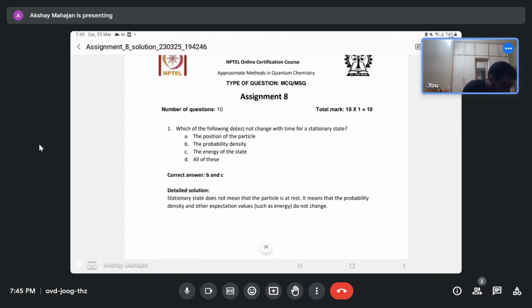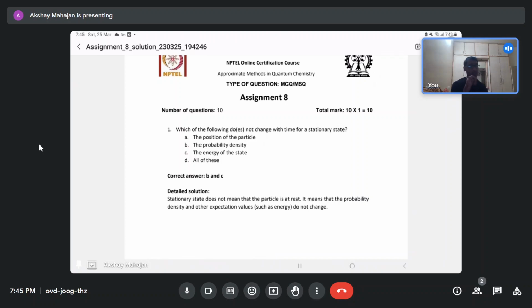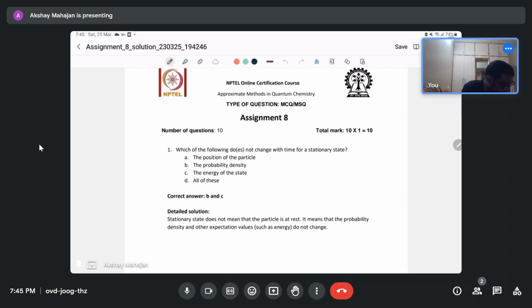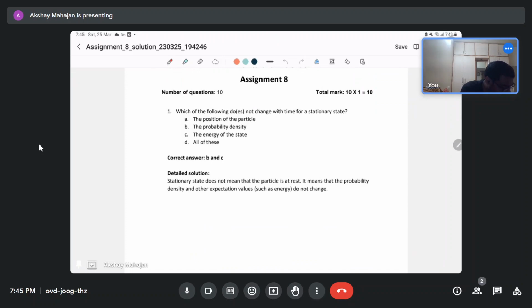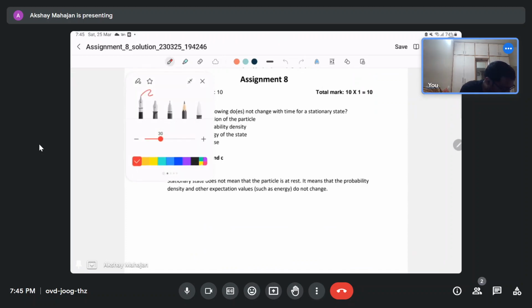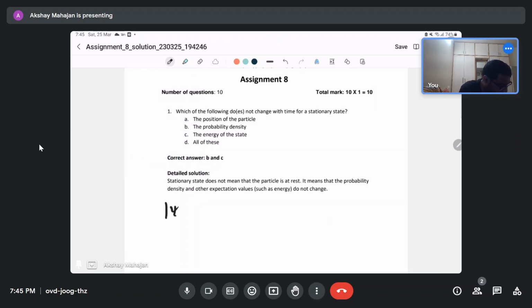For the stationary state, we know that the mod of psi square is fixed, and the wave function will not change. So the energy of the state will also not change.